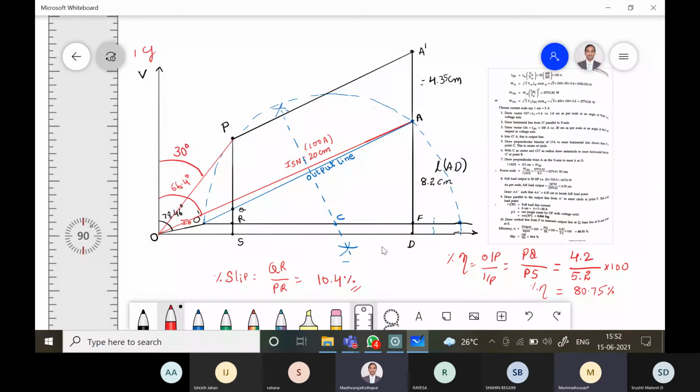Sir, I'm getting 20.83. What is the value of QR and PR? QR is 1 centimeter, sir. PR is 4.8. Okay, no problem. A small variation is there, right? So you got 20%, no problem.